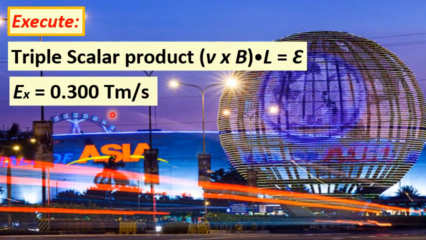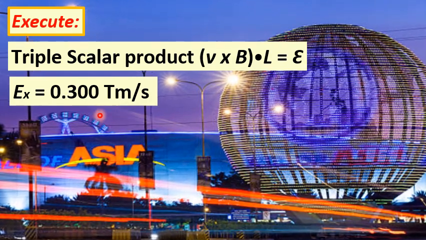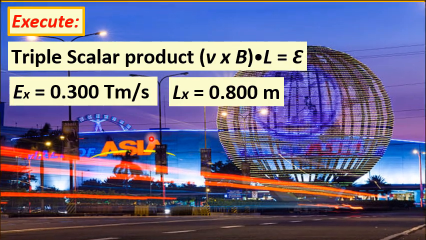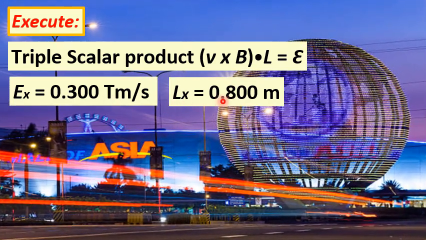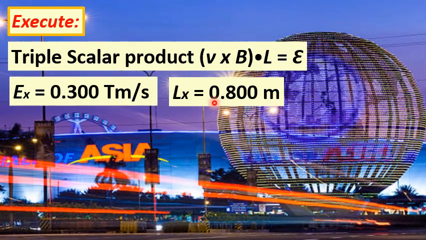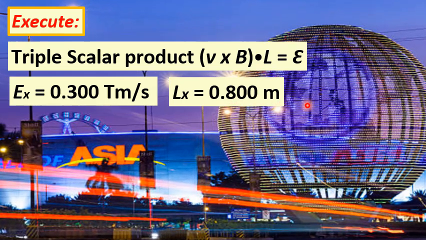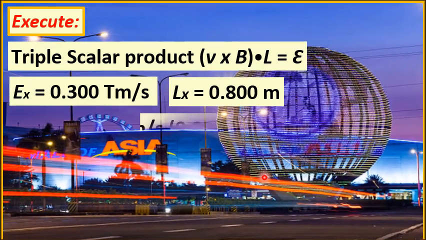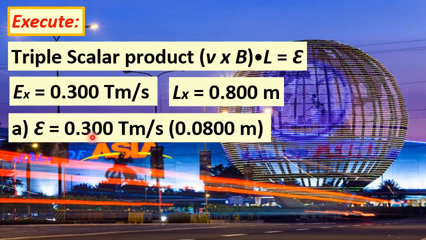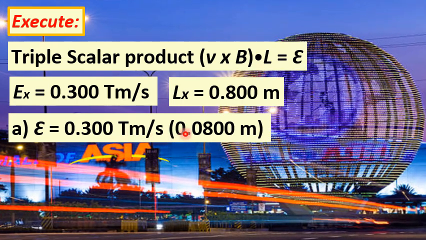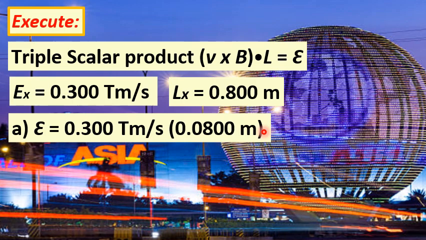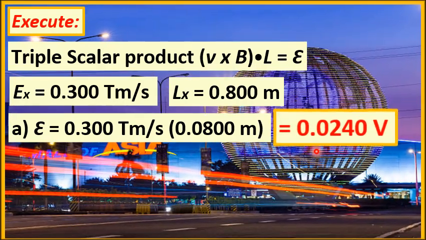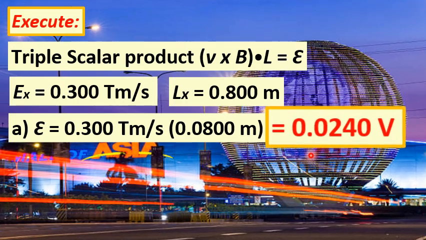So, with the x component of the electric field being equal to 0.300 Tesla meter per second, and using the value of the length of the conducting rod, capital L sub x, equal to 0.800 meters, oriented parallel to the positive x-axis, we finally get the magnitude of the motional EMF, epsilon, that is equal to 0.300 Tesla meter per second times 0.0800 meters, or that is equal to epsilon of 0.0240 volts.